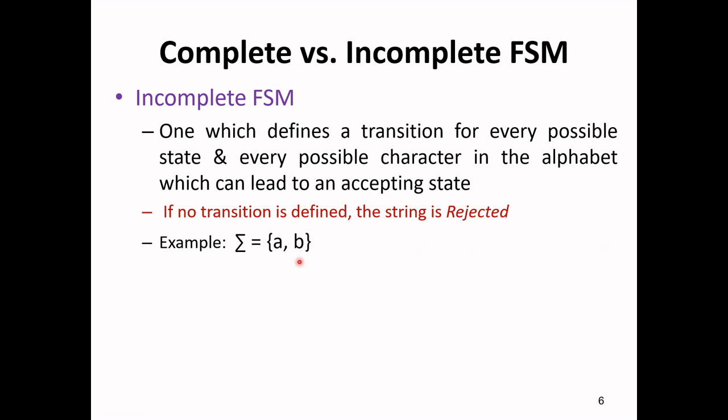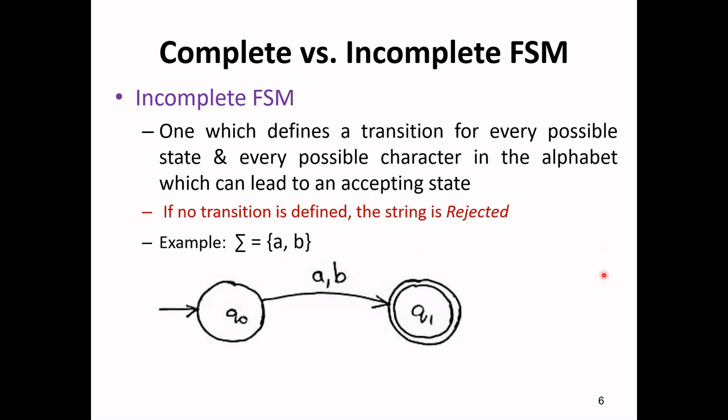Let us see an example with Σ having a and b. So this is the given FSM. As we discussed, from each state there must be one compulsory transition for every input symbol.